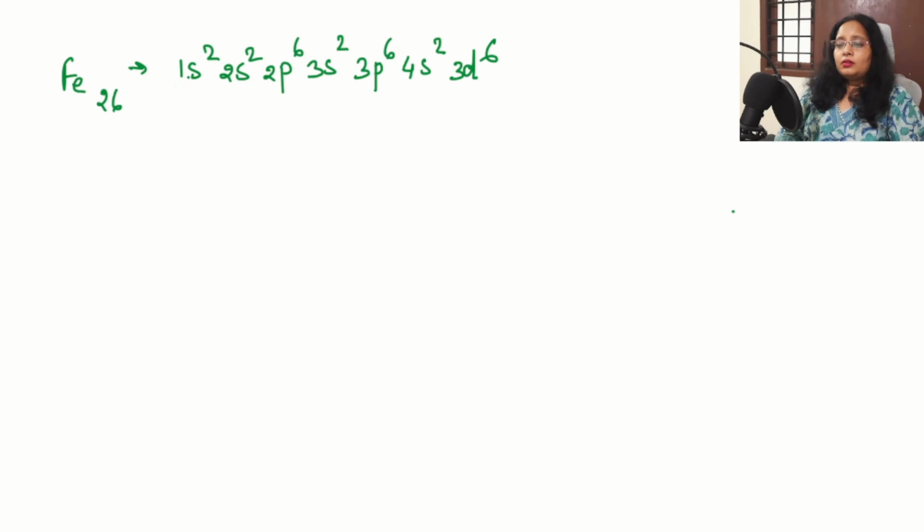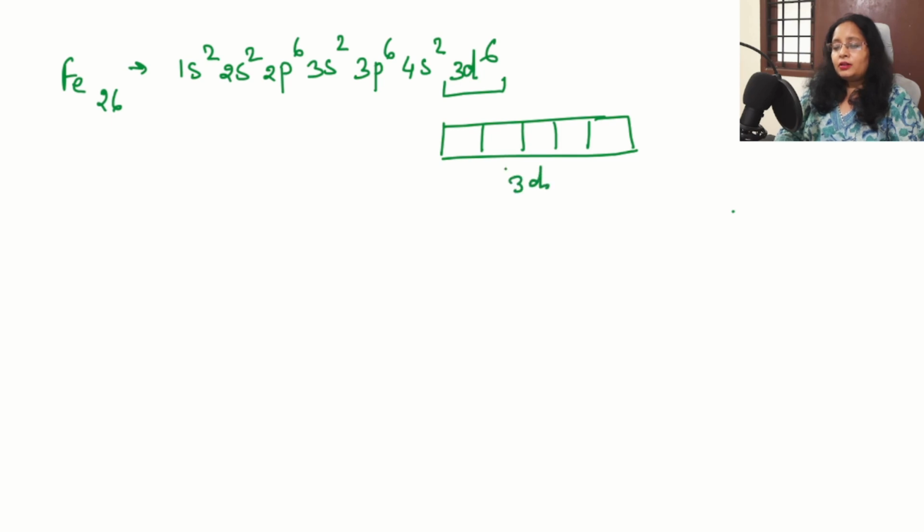Now we can say all the S are completely filled, all the P are completely filled, only the 3d is partially filled. So we will draw only the partially filled orbital, so that we can calculate the unpaired electrons. 1, 2, 3, 4, 5 compartments in the D orbital.